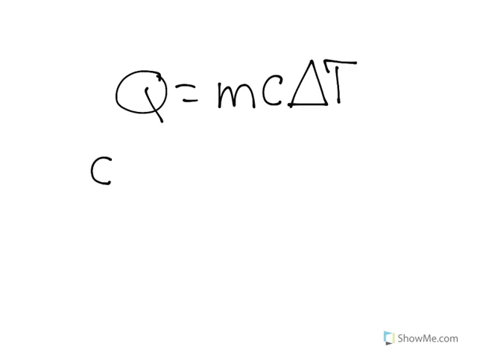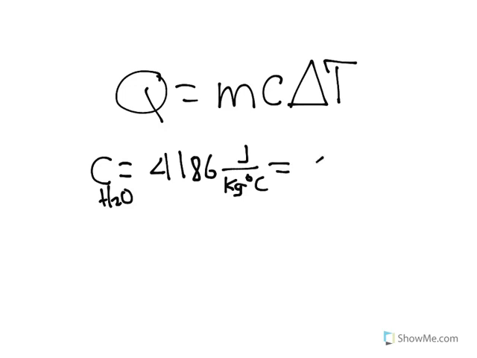A very common specific heat is that of water, which is, for instance, 4186 joules per kilogram times degrees Celsius, or for instance 4.186 joules per gram Celsius.